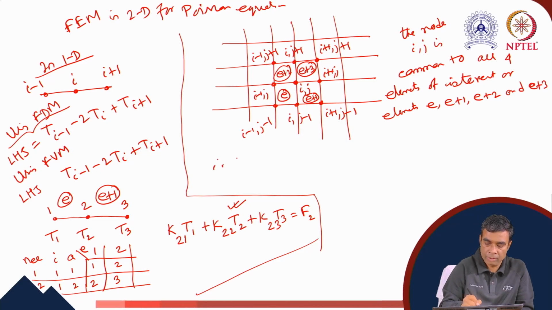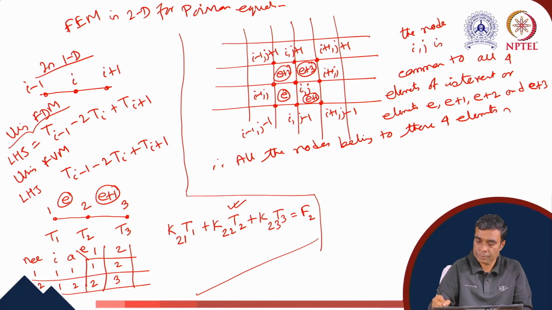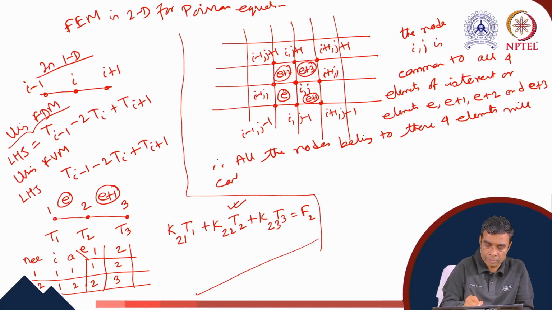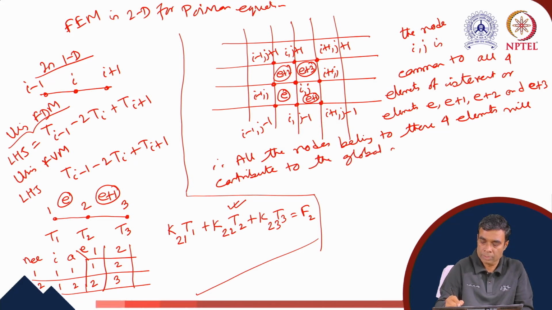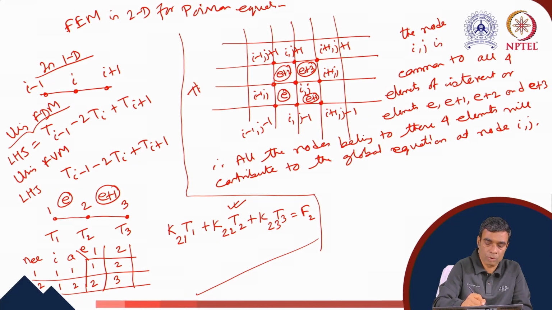Therefore, all the nodes belonging to these four elements will contribute to the global equation at node I comma j. If we look at this mesh, then we see that there are 9 nodes.